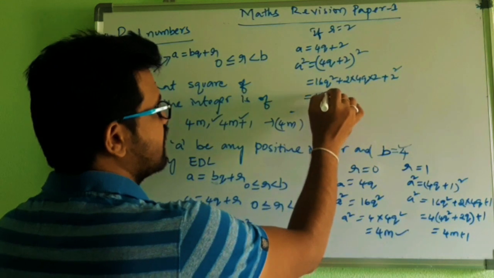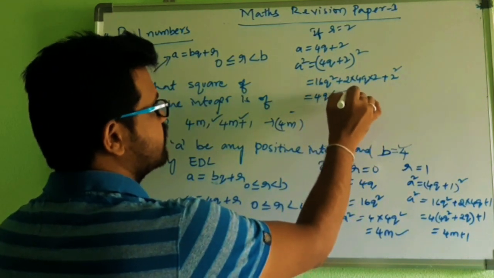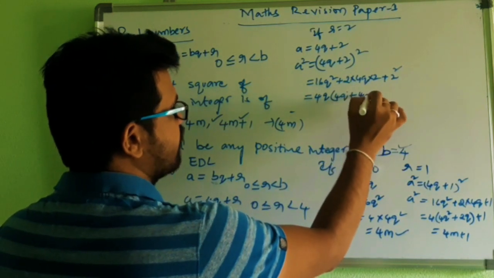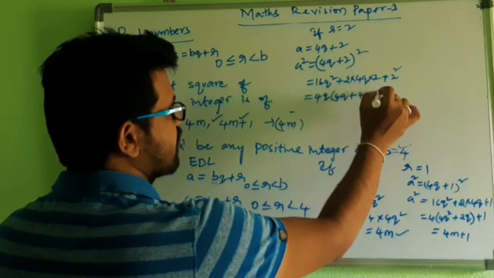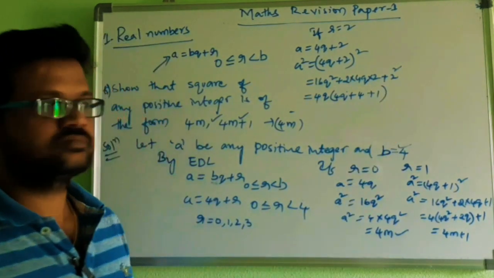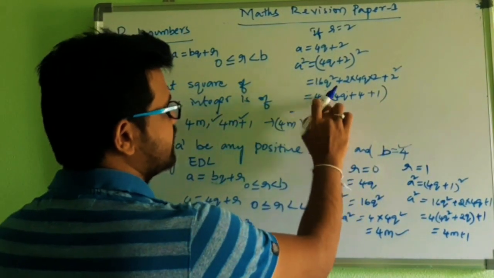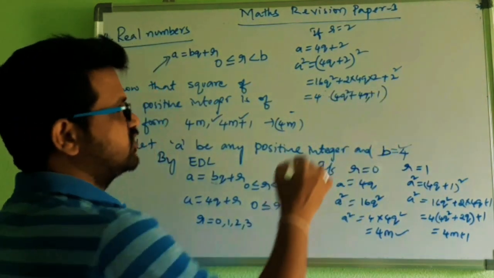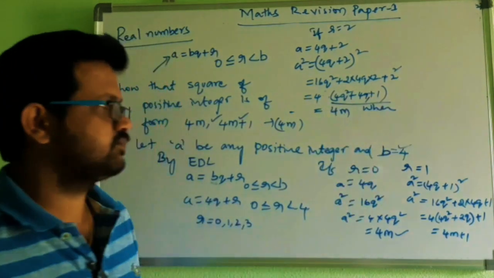So we'll get 4 into (4Q square plus 4Q) plus 1, so this we can write as 4M, where M is equal to this one.